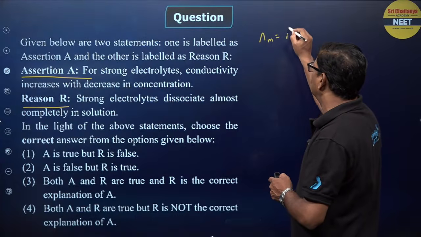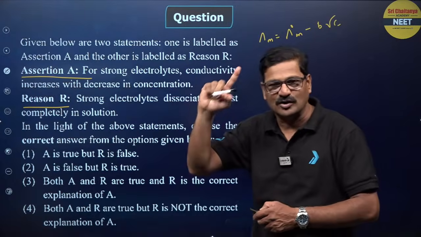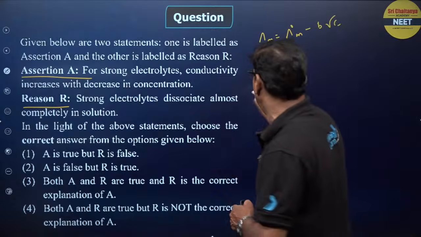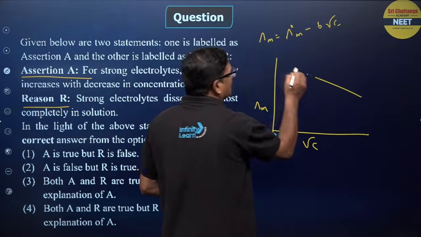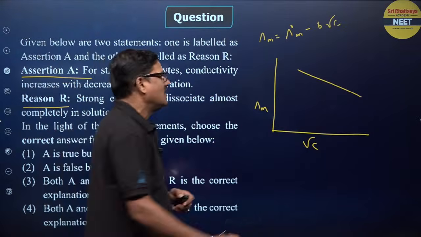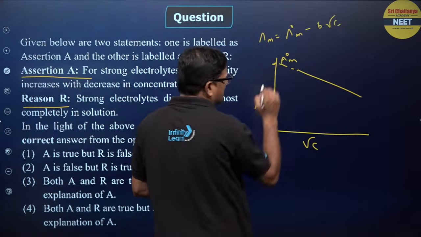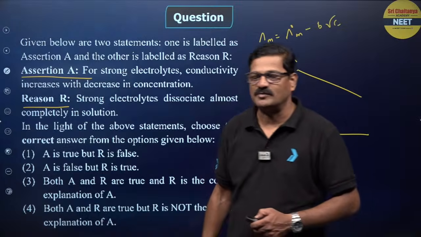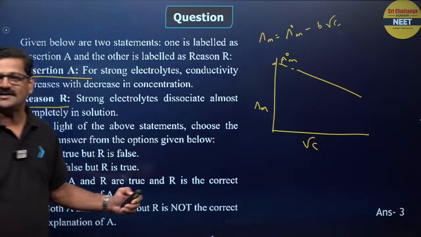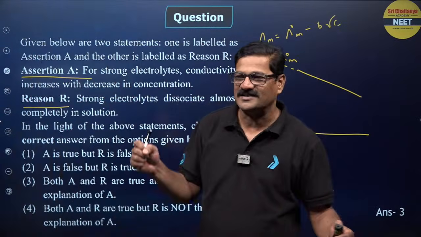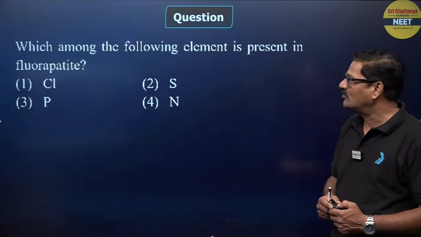Molar conductivity is equal to limiting molar conductivity minus B root C, by the Debye-Huckel-Onsager equation. It is given in the NCERT. If you take molar conductivity versus root concentration for a strong electrolyte, it comes like this because of the ionization. So this is going to be the molar conductance at 0 concentration or limiting molar conductance. The answer for this question, again, both assertion and reason are correct, and the reason is the correct explanation of assertion.